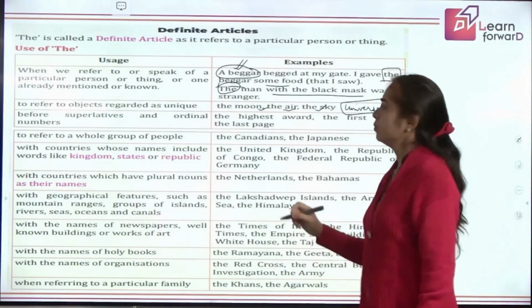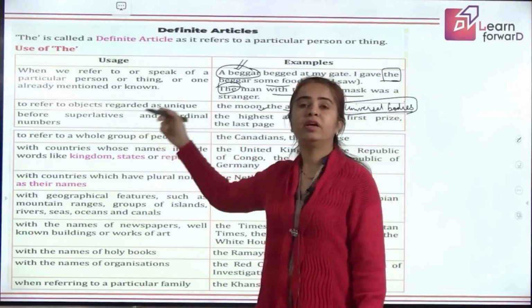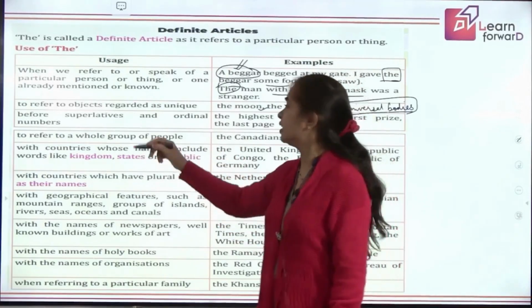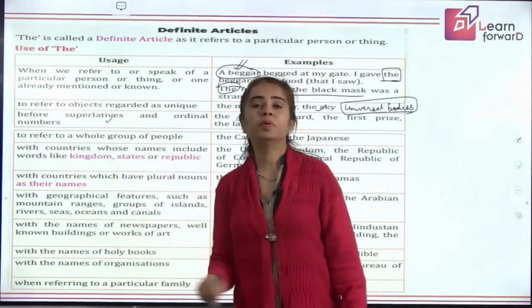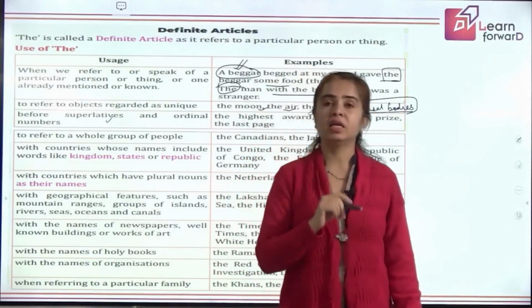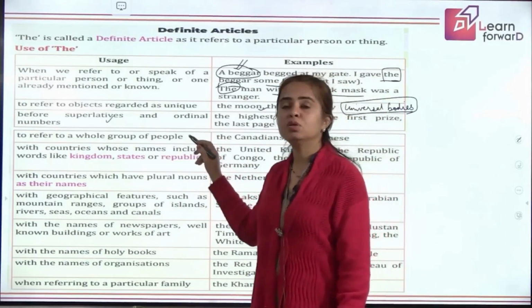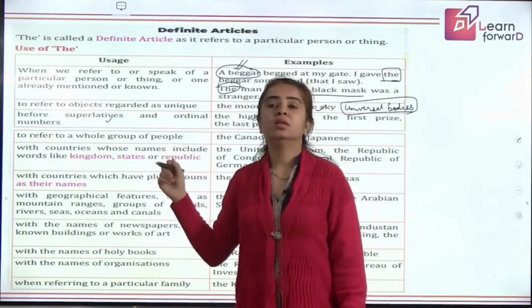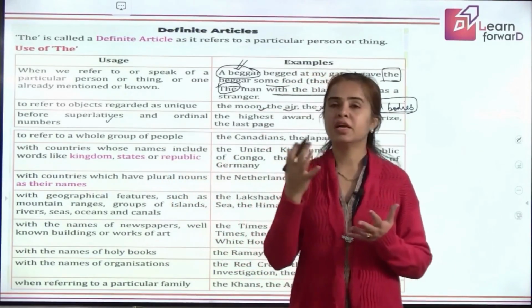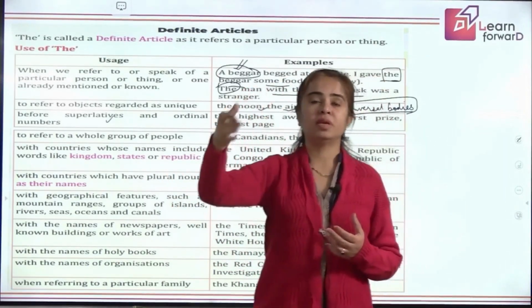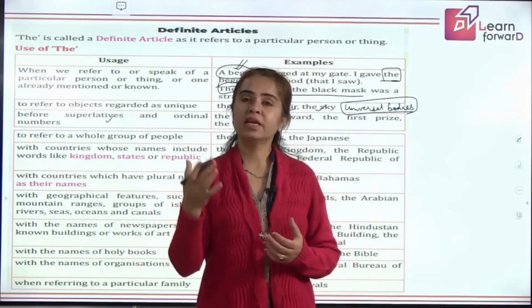Fine. Now moving to the next, we have already learned while doing the degrees of adjectives, while using the superlative degrees, we use the article the before them. And children, with the ordinal numbers also, we use the article the. Ordinal numbers are the numbers that show position: the first, the next, the last, the second, the third.